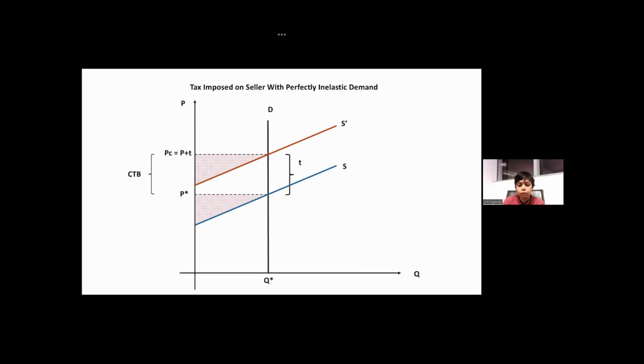There's no commonly found good which has a truly inelastic demand, because usually there are a lot of substitutes. Even with something like food, demand for food broadly could be more towards inelastic rather than elastic, right? But then there are so many varieties of food. Even if you just want to buy rice, there's rice from 30 rupees per kg to 300 rupees per kg.